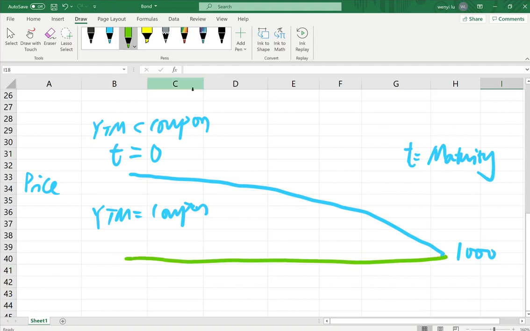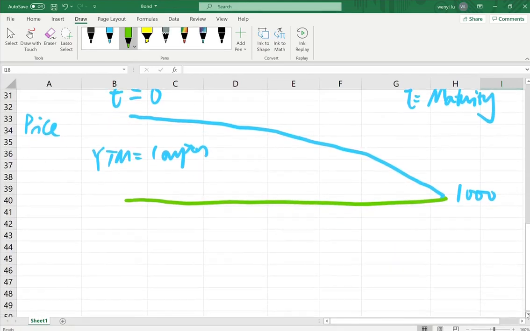Last one is the yield to maturity more than the coupon rate. In such a case, our bond will first trade at a discount, because the cost is more than what you receive.